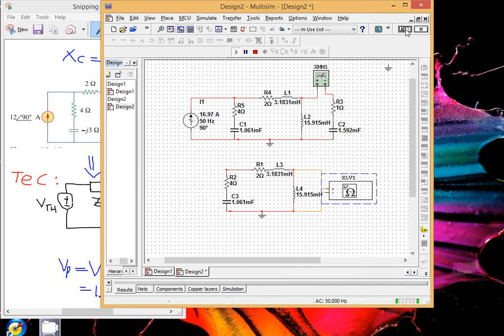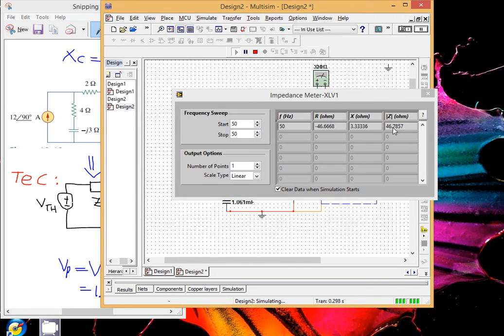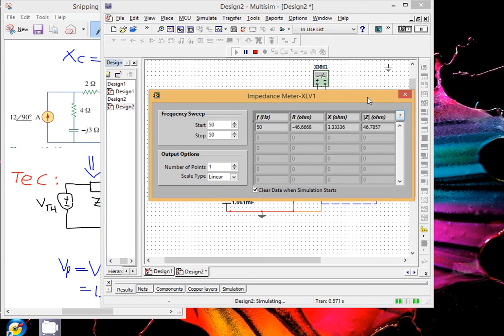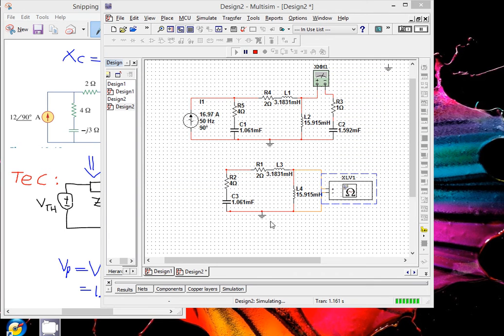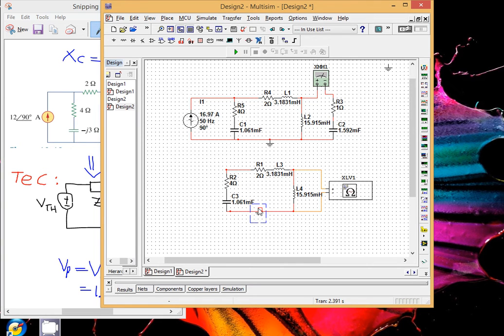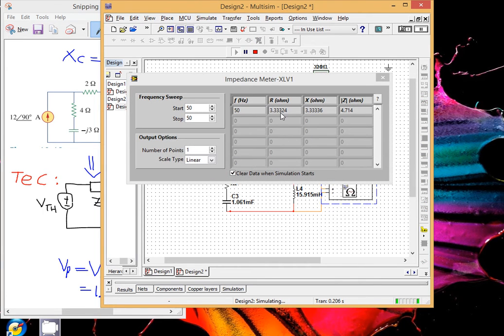And then click run. Okay, so to measure your ZTH, you need to remove your ground, otherwise your answer is not correct. Okay, so the value should be 3.33 for resistance, and your impedance is 3.33 as well.